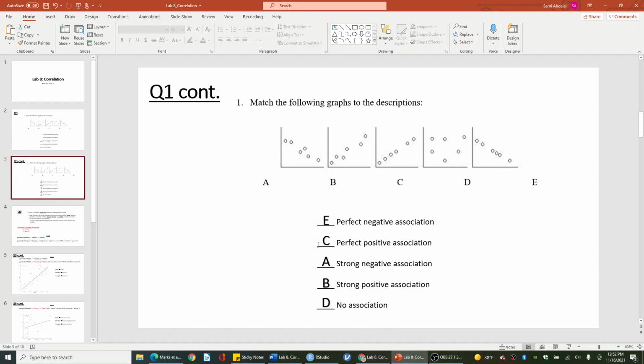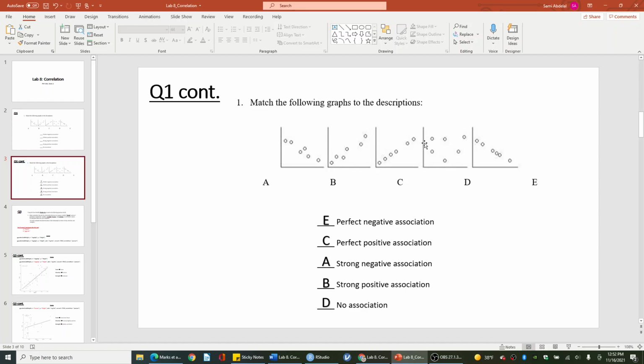D has no association because it's not linear. So we have it scattered out. The strength, there is no strength because, one variable is increasing, or I'm sorry, that's the direction.